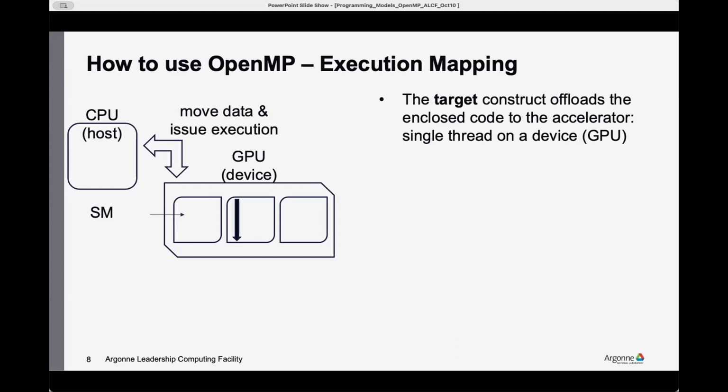So again, the programming model in OpenMP is that there's a host, the CPU, and a device, the GPU, and we want to move data back and forth between the host and the device and execute code on the device. The device is here. These smaller boxes are on an NVIDIA GPU. It's composed of smaller scalable units called streaming multiprocessors.